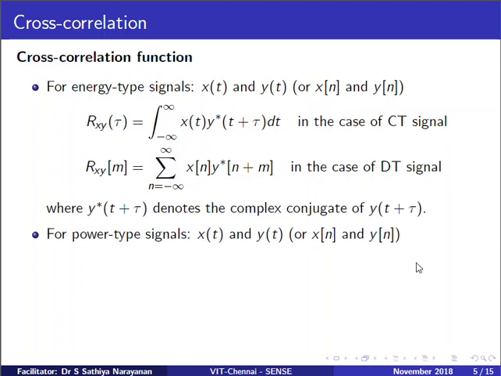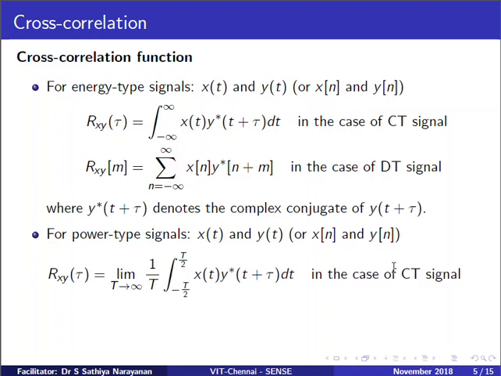For power type signals, first, the cross correlation between two continuous time power type signals x of t and y of t is expressed as rxy of tau equal to limit T tends to infinity of 1 divided by T, integral from minus T by 2 to T by 2 of x of t times y complex conjugate of t plus tau dt.